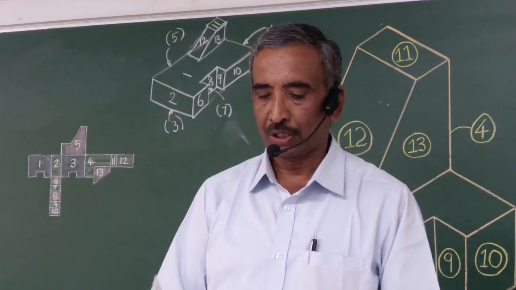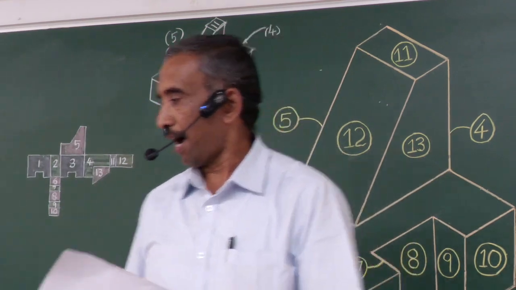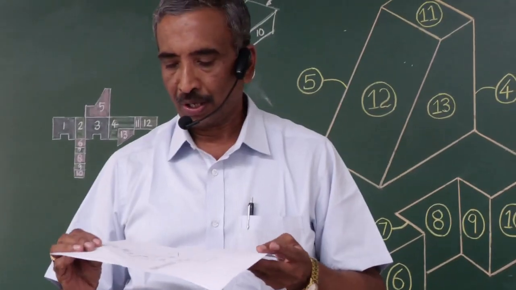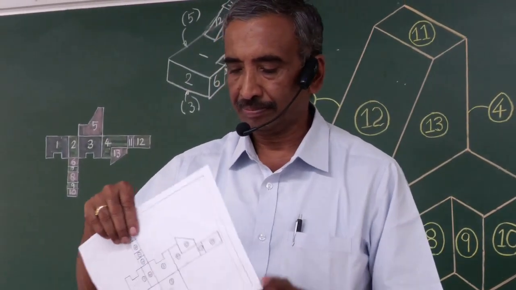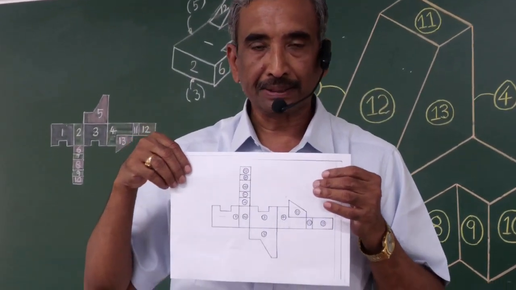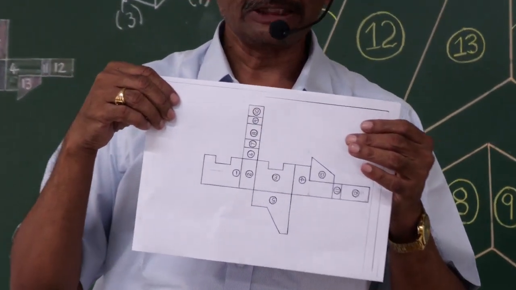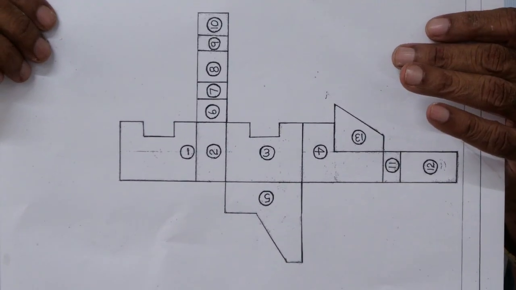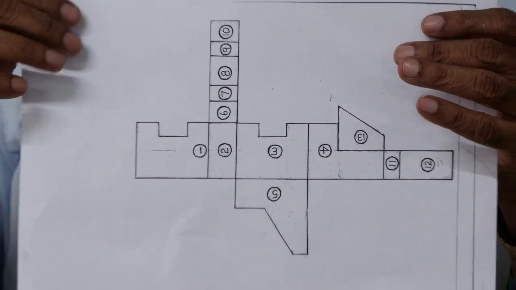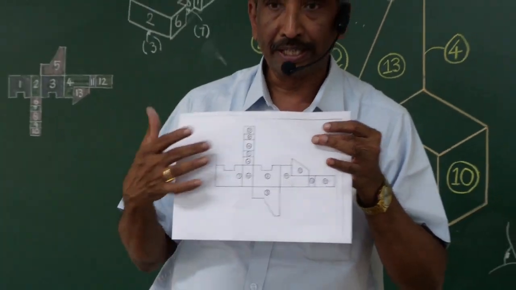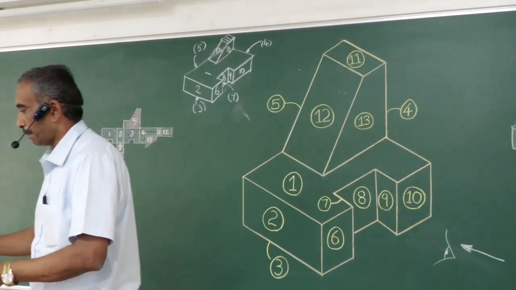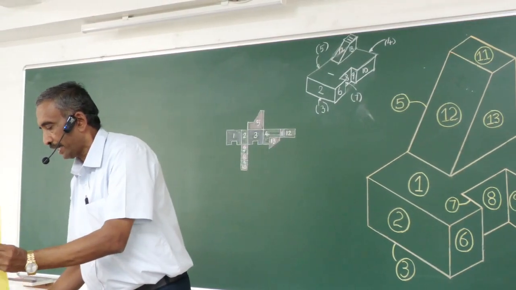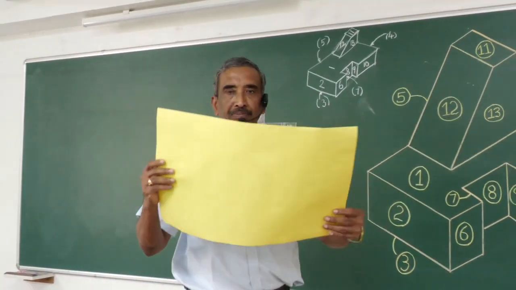What you have to do is take another printout, and make a printout like this. We expect you to take this printout on A4 size paper. Once you have taken the printout, you have to stick it onto a chart paper.